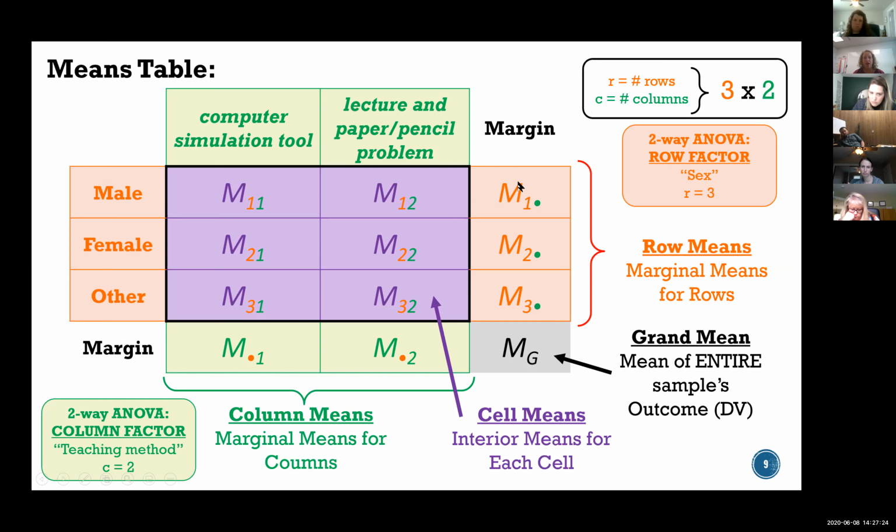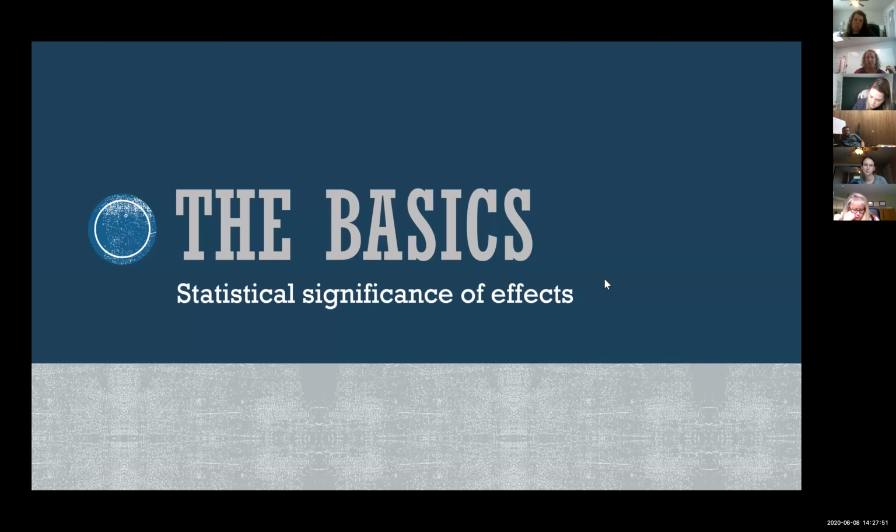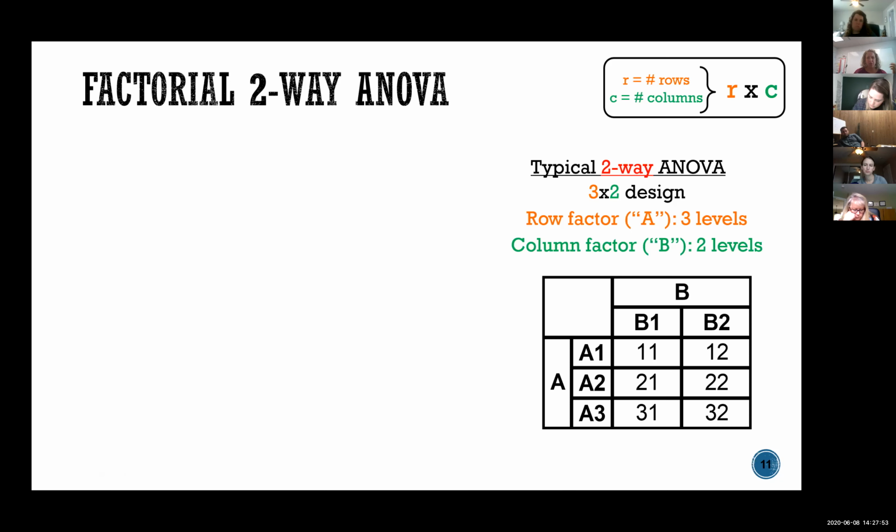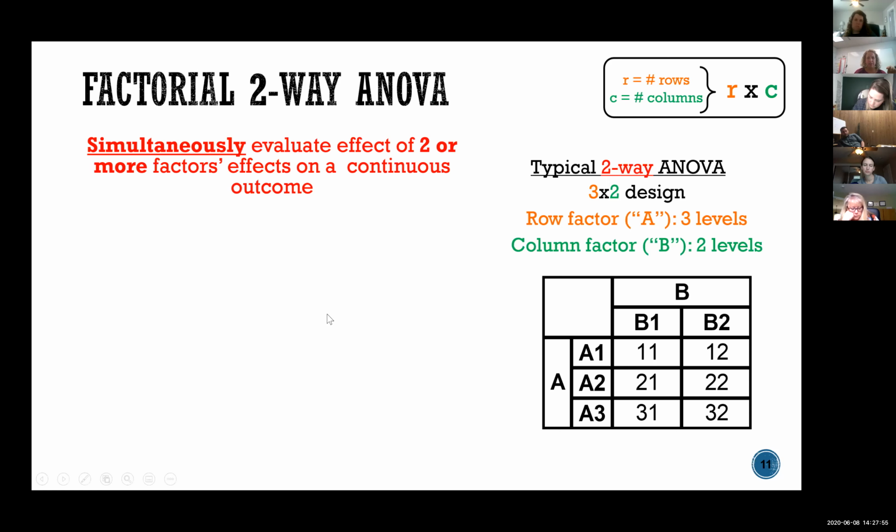So this is M1 dot, so it's first row averaged over both of the columns because the dot is the second number. Down here, this is M dot 1, so the dot is first, so that means averaged over all the rows, the first column. So you could call the grand mean M dot dot, and some people use that abbreviation for it. You'll see the dot dots in some of the formulas.